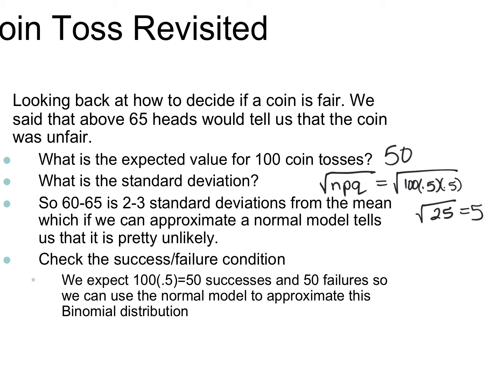So anything above 60 or below 40 is more than 2 standard deviations from the mean, which is not very likely. Right? So this is how we can then use the normal model to make predictions as well, and we'll do some examples of that.